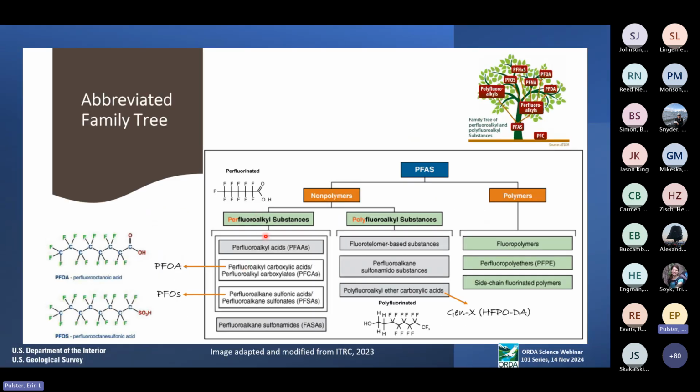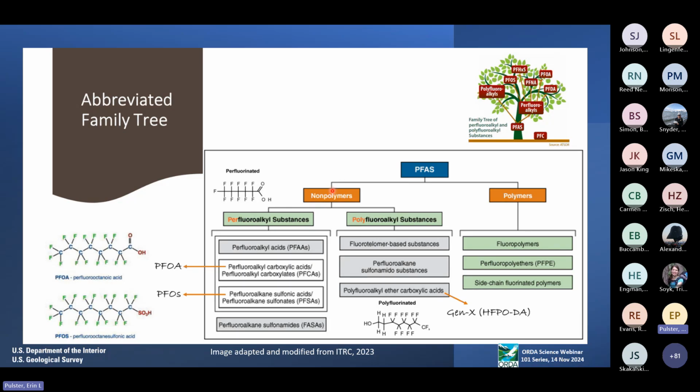But that goes into, so in terms of the family tree of PFAS, it's considerably long and complex. And this is just an abbreviated family tree that separates the 2 main classes of PFAS, which is the non-polymers and the polymers. Most of us are looking at PFAS in the non-polymer section, or analyzing for targeted PFAS.